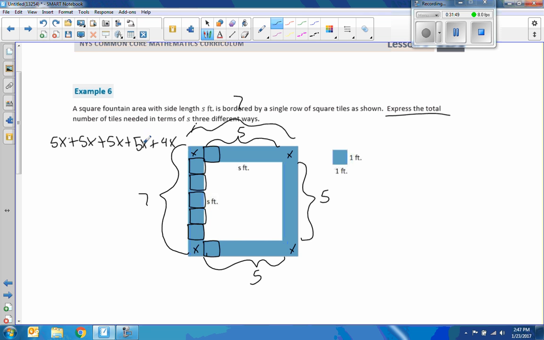Or I could combine them all and say 4 times 5x plus 1x for each corner. So 4 times 5x is 20x, and 4 times 1x is 4x. And then finally I could combine those and say 4 times 6x.